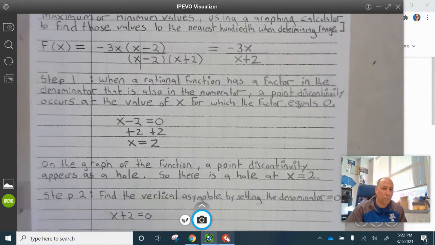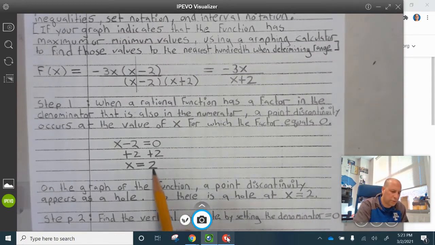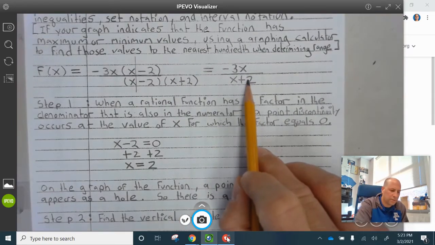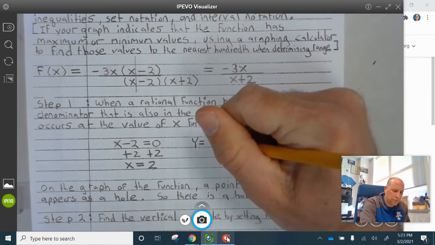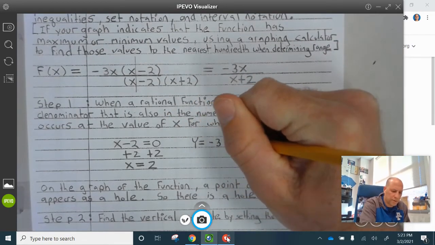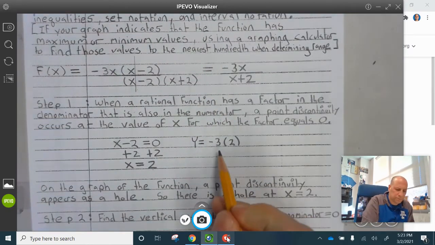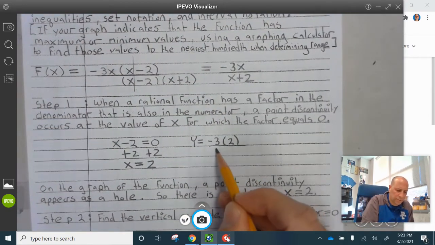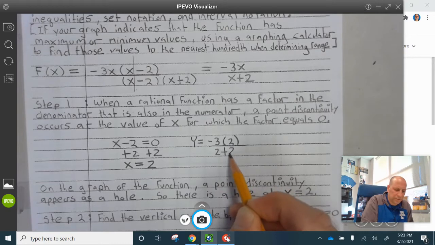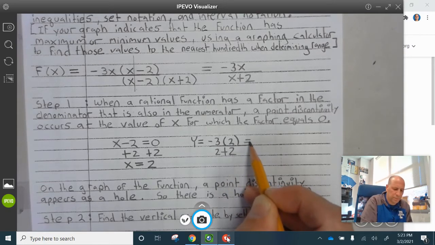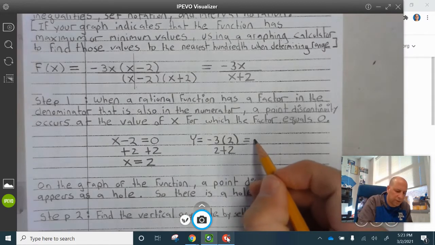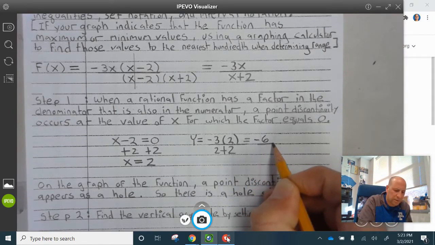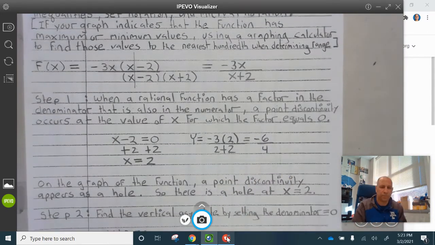But we need to know the point. So we're going to plug x equals 2 into this to find y. So y equals -3 times 2 divided by 2 plus 2. Okay? So -3 times 2 is -6 divided by 4.